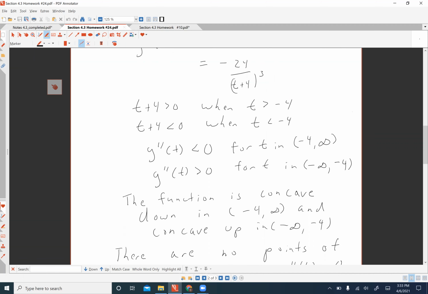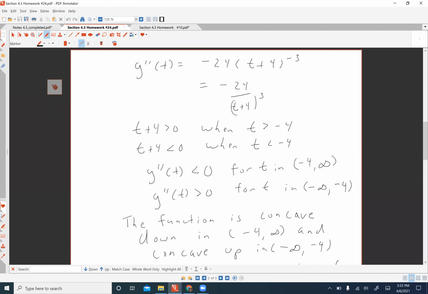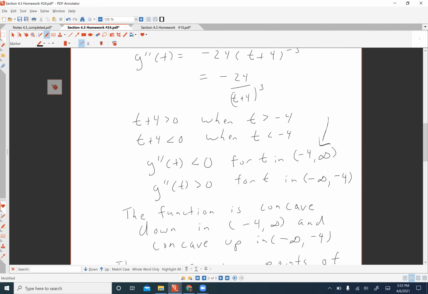Remember, the graph is concave down when the second derivative is negative, so in the interval -4 to infinity, the graph is concave down. And the second derivative is positive from negative infinity to -4, so in this interval, the curve is concave up.